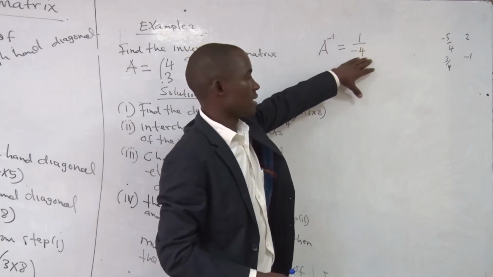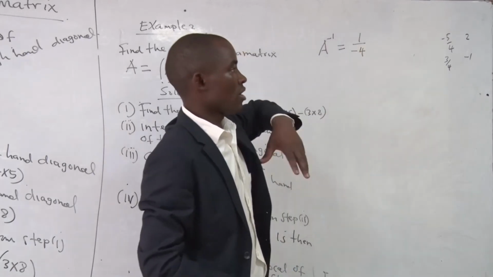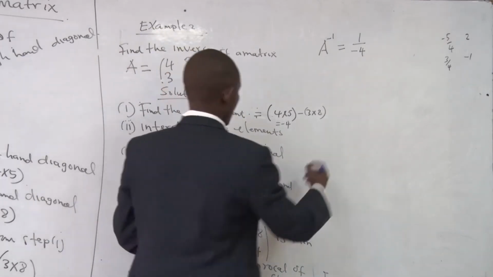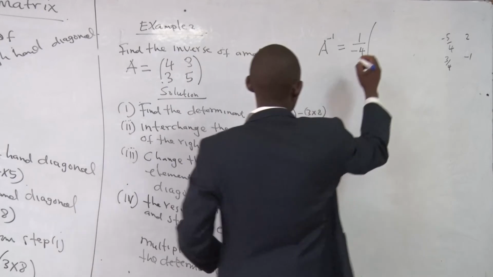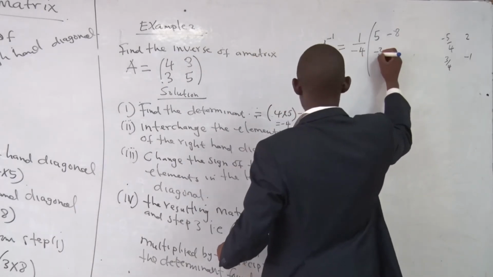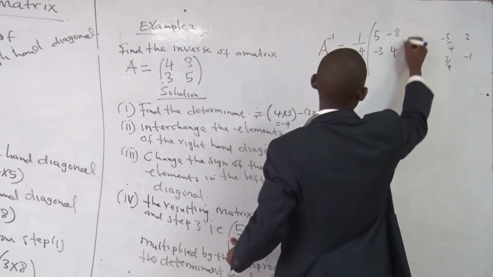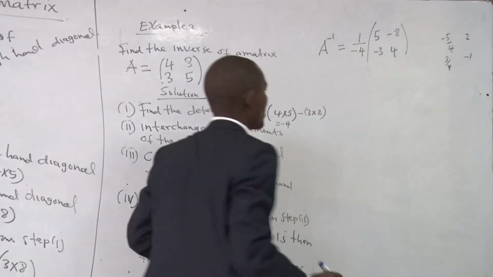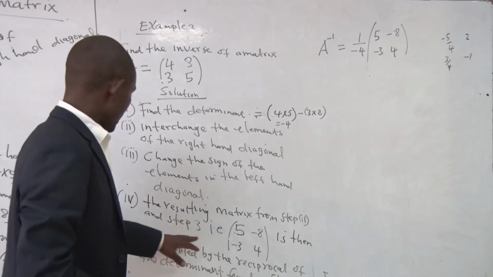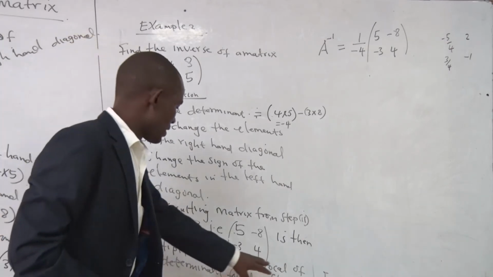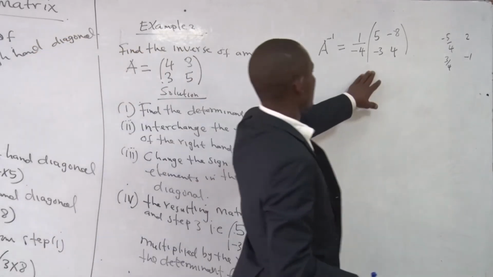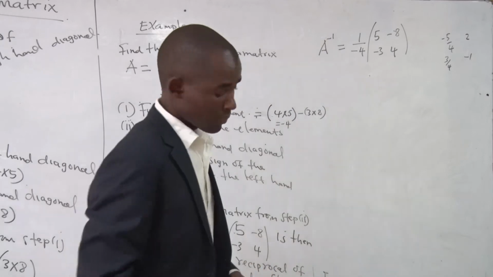Then we multiply by this matrix, which is 5, -8, -3, 4, that is, by the reciprocal of the determinant found in step 1.